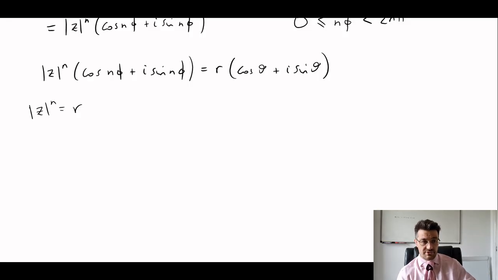And if we need to, it's the positive nth root. Right? So for example, if we had modulus of z squared equals r, then the modulus of z would be equal to the positive square root of r, because modulus of z is a positive real number. So there's no point in taking the negative square root of r. It doesn't make any sense. So we're talking about positive nth roots wherever appropriate.